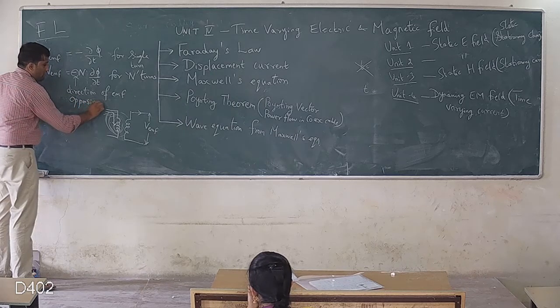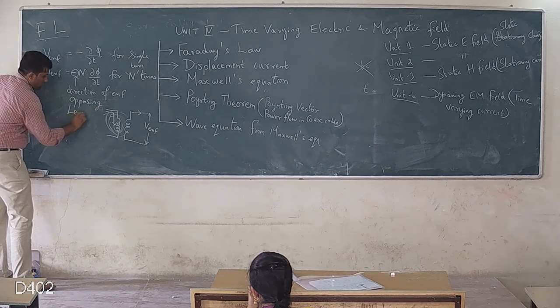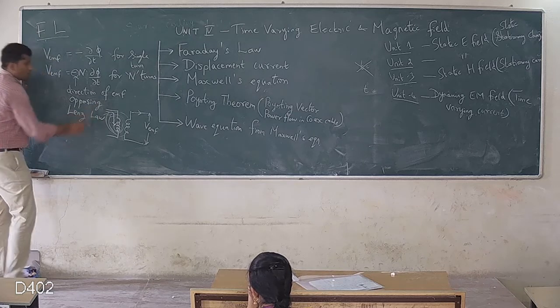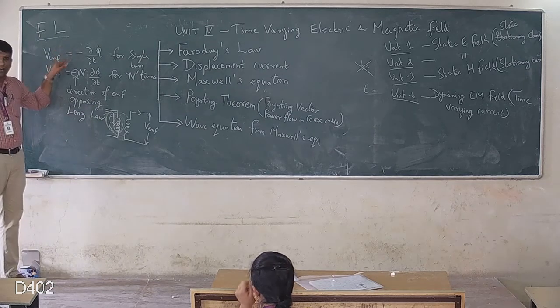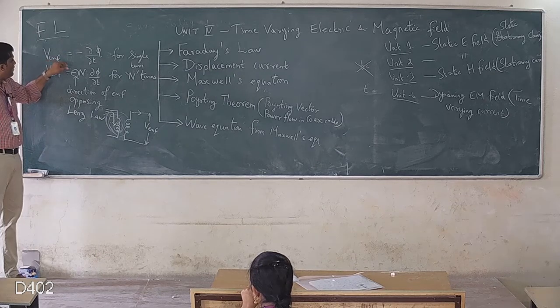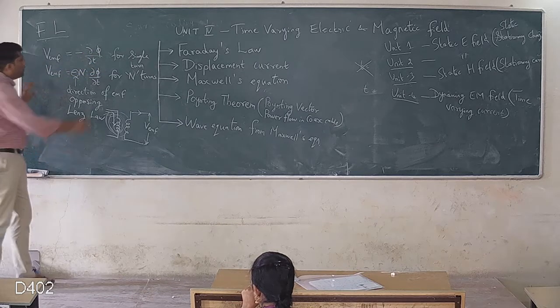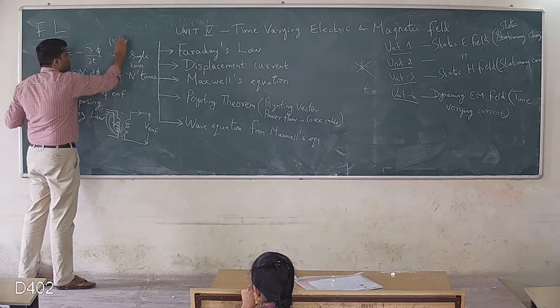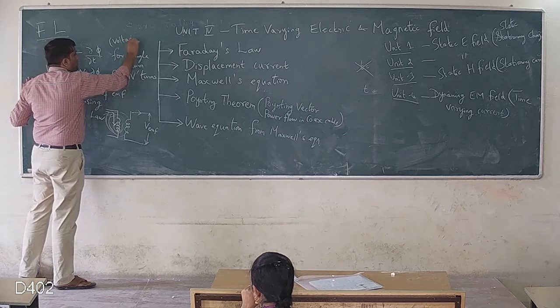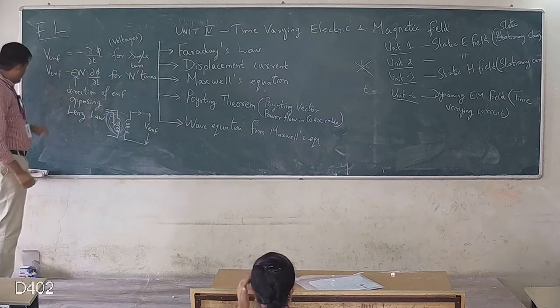This is because of Lenz's law. So the electromotive force is equal to negative rate of change of flux, and the unit for this is volts. So this is Faraday's law.